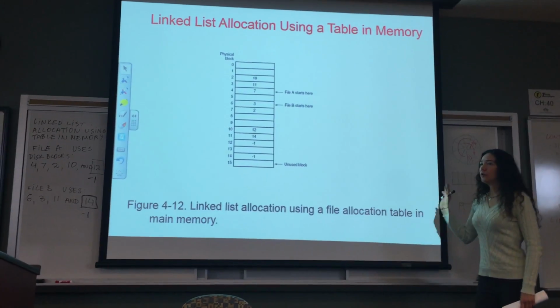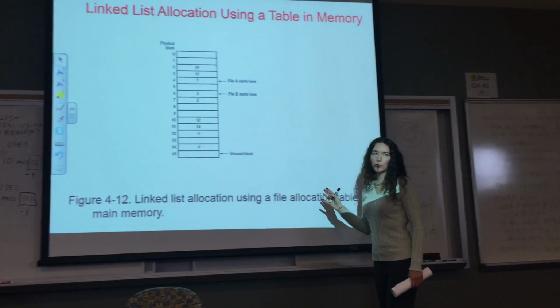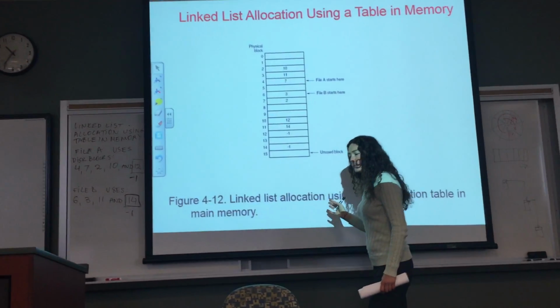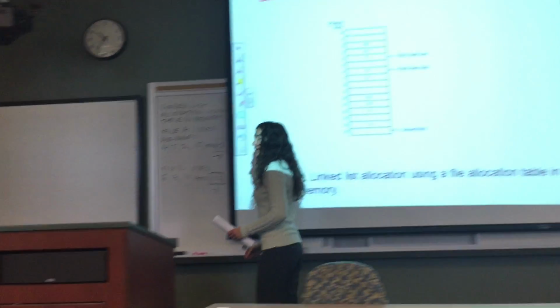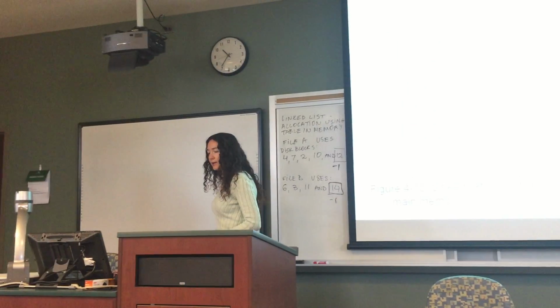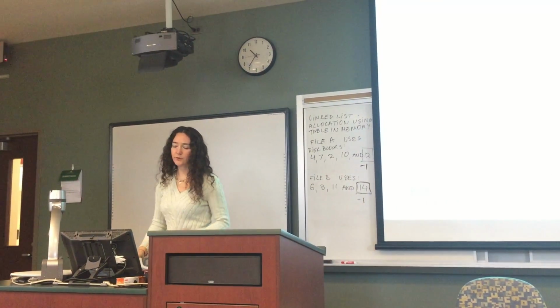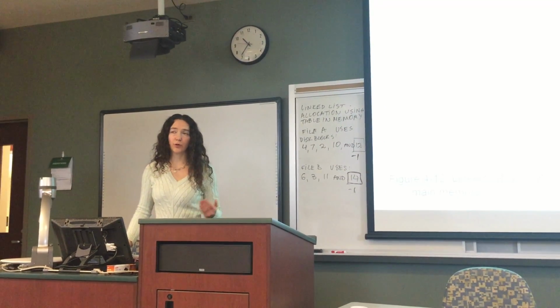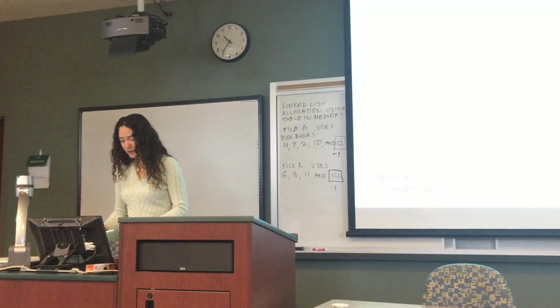So we could load this kind of table in the RAM to speed up the accessing of disk blocks, so we don't have to go to disk every time we need to read the pointer for the next block.